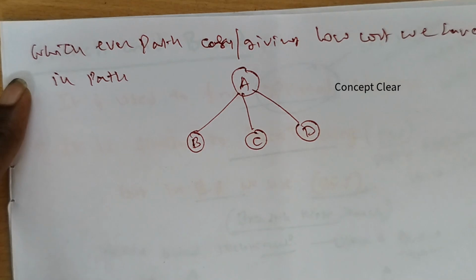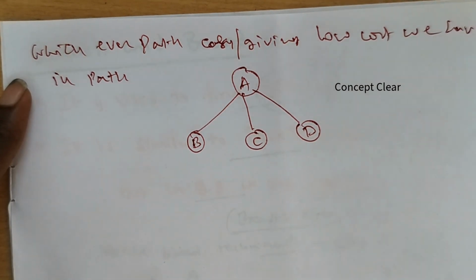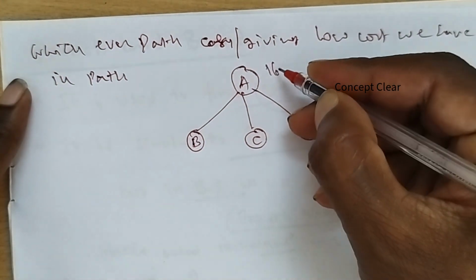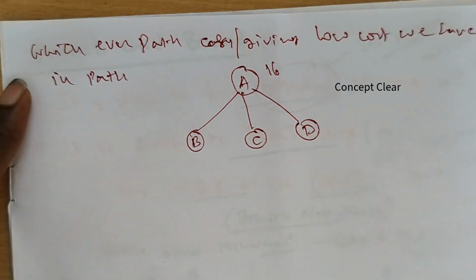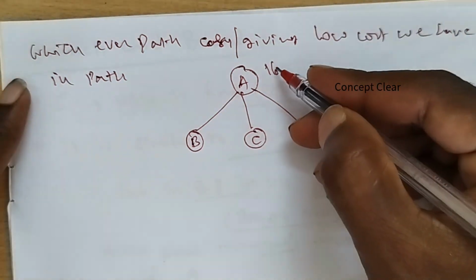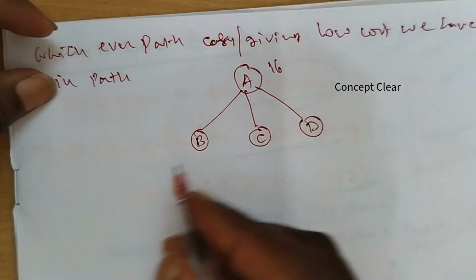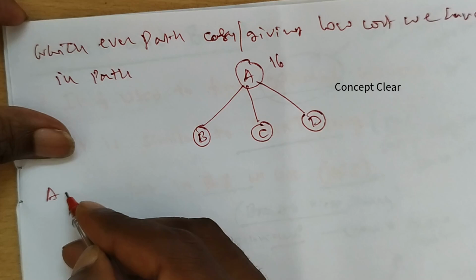So here A to B and D values. The total reduction value is 16. We have to find out these values first. Next, A to B. First I am finding the A to B cost.